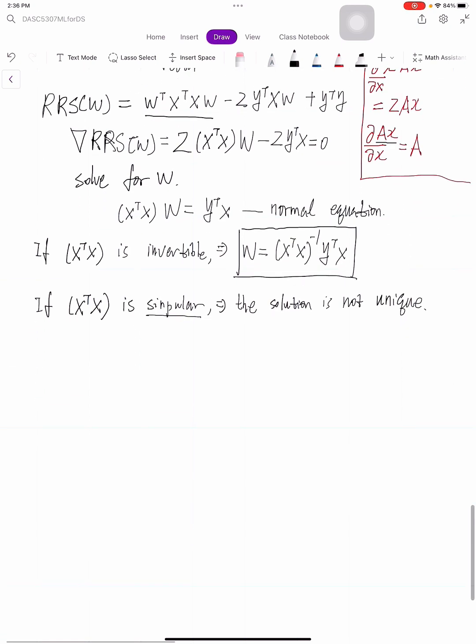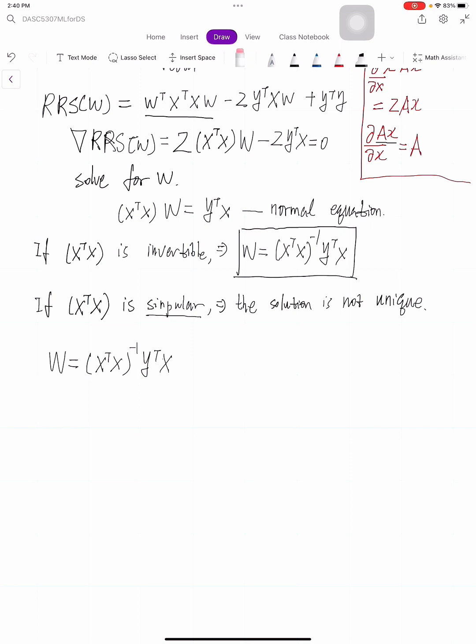Actually, there are a few remarks here. The linear regression analytic solution is W equals X transpose X inverse Y transpose X. Oh, sorry, I think I made a small typo here.